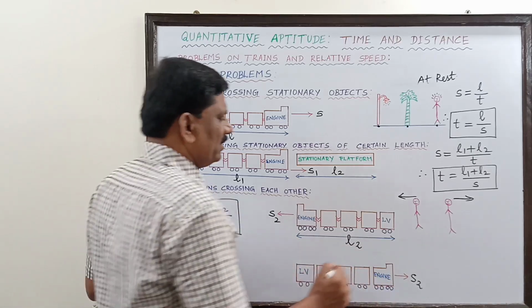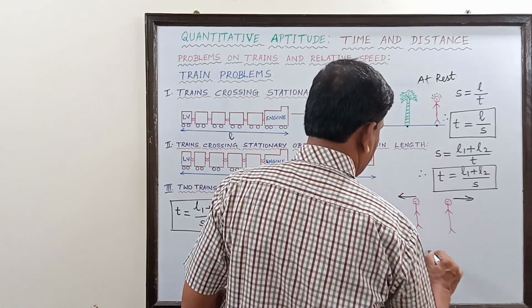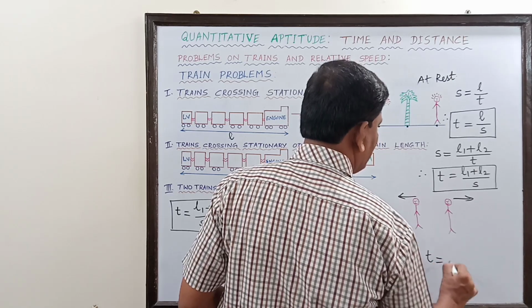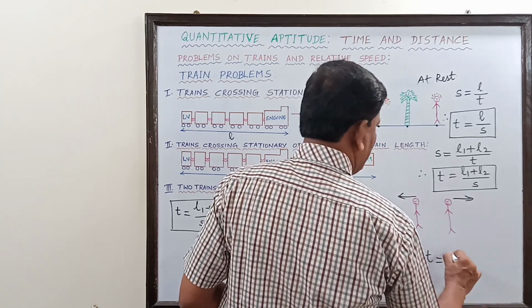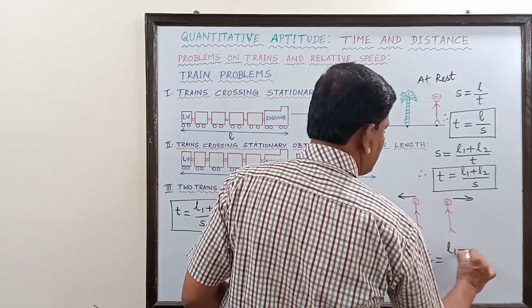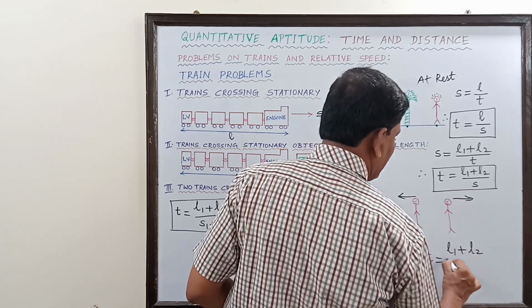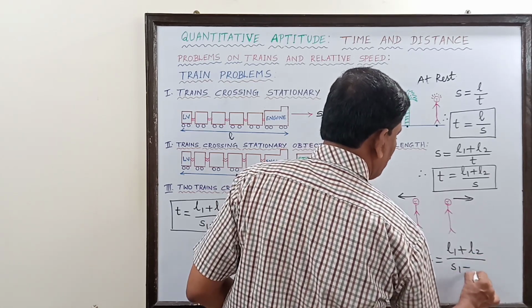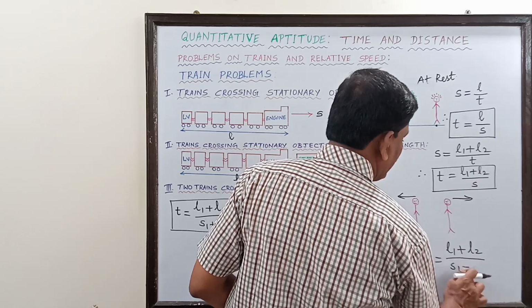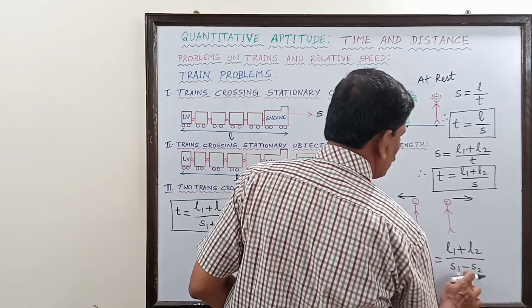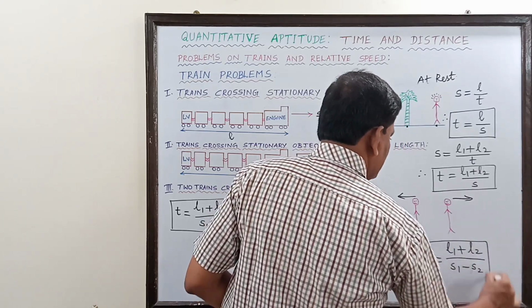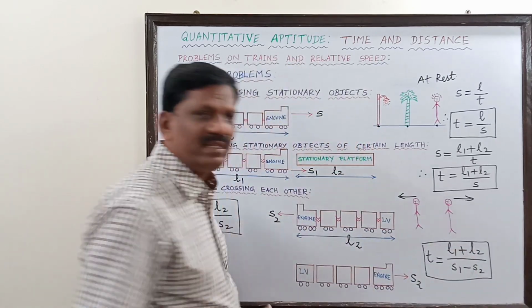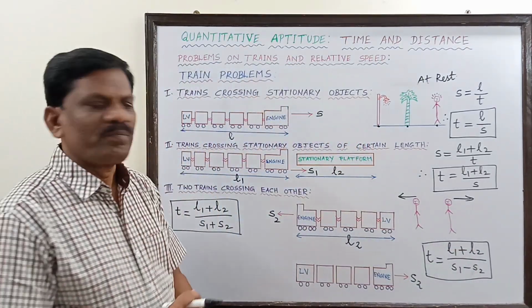So I can write the time taken by both the trains to cross each other: T equals the total distance L1 plus L2 here also, divided by S1 minus S2. So this is the case of two trains traveling in the same direction.